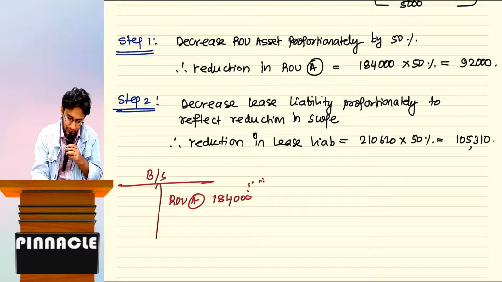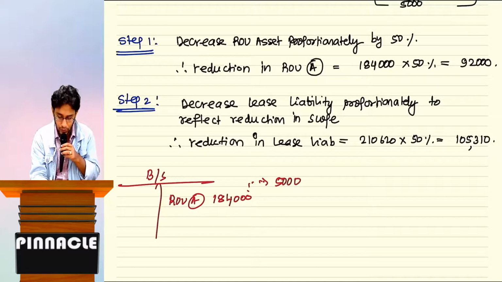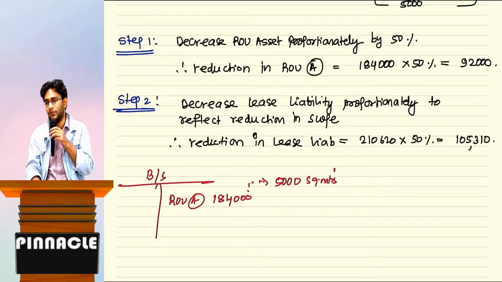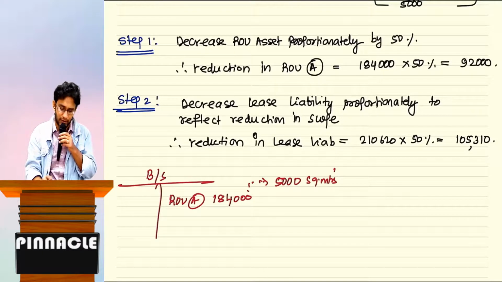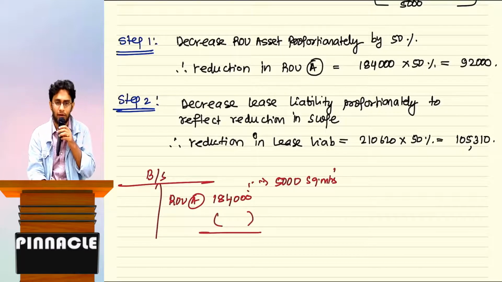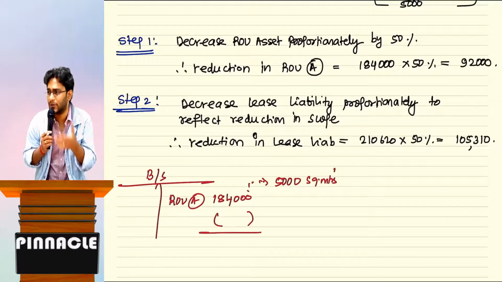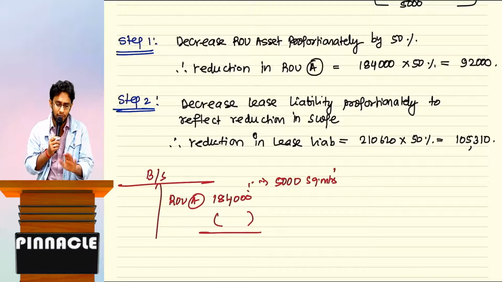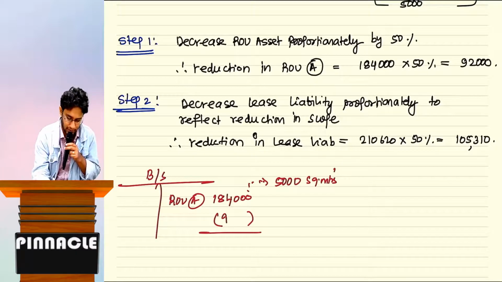This 1,84,000 is the asset showing your control on 5,000 square meters. But hereafter your control will be only on 2,500 square meters. So if I say half of this asset should disappear now, it makes sense, because earlier for 5,000 square meters the asset was 1,84,000, but for 2,500 it should be only 92,000.